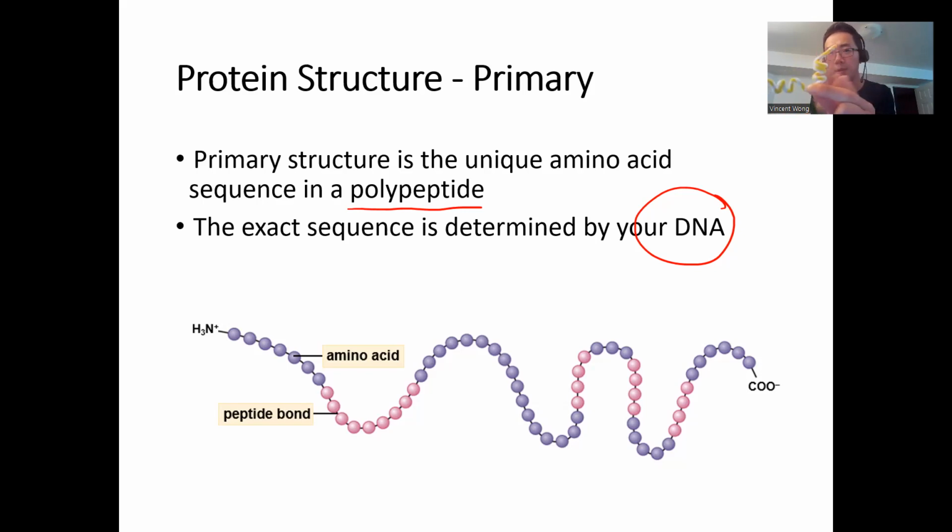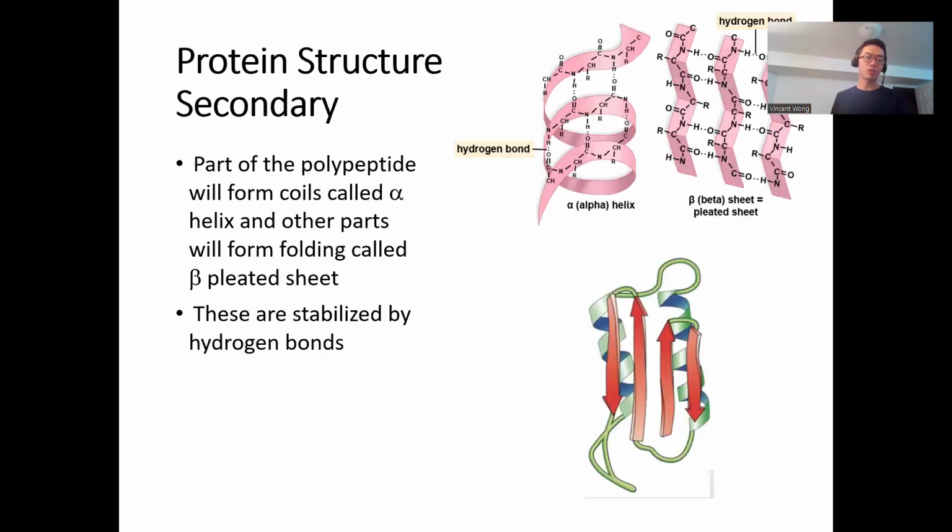Okay, so whether it forms the spiral or the zigzag, that is the secondary structure. Some part of it is going to form the coil, which is called alpha helix. Some part is going to form the zigzag, and that's called beta pleated sheets.